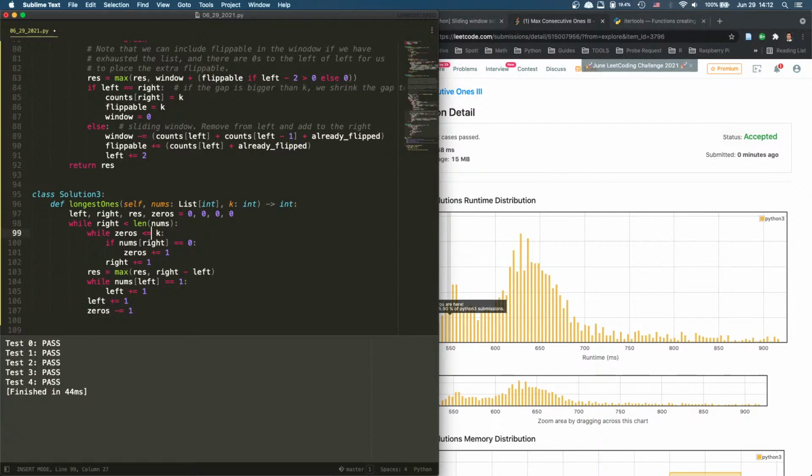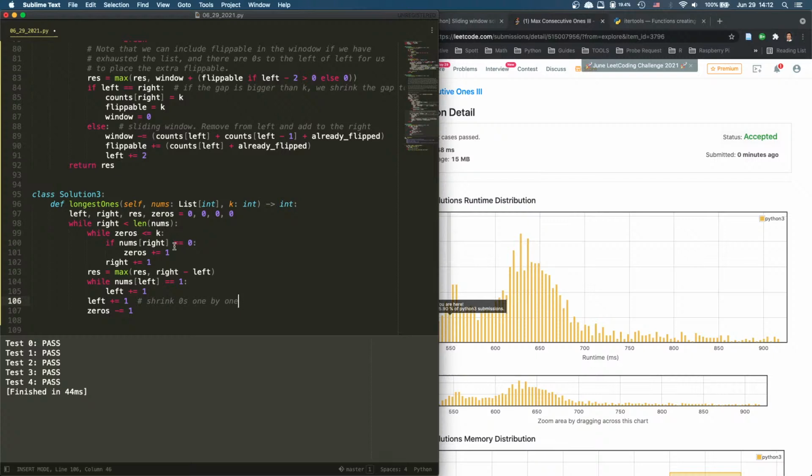So keep going until we have fit all k zeros. And then we get it for a max. And then we cut all the ones, and then shrink zeros one by one. Shrink a 1, zeros goes back, comes up, zeros will be equal to k.